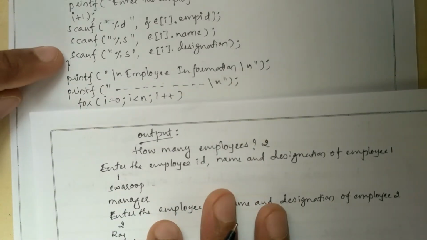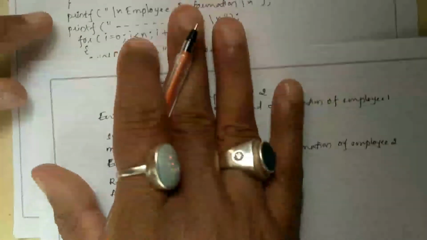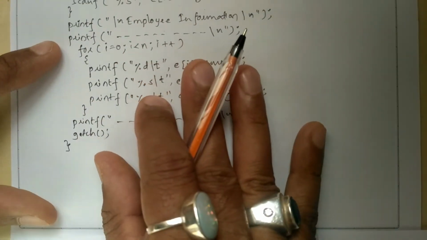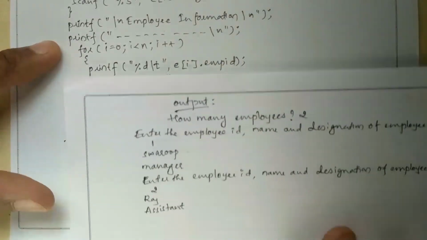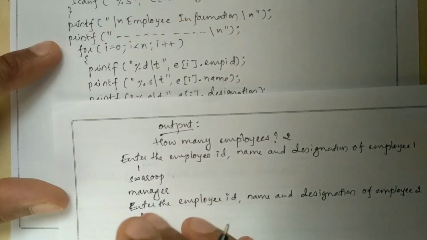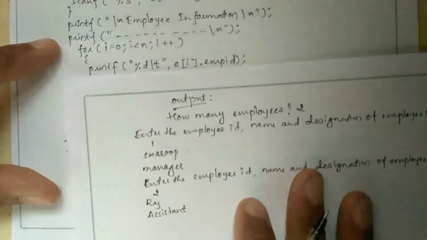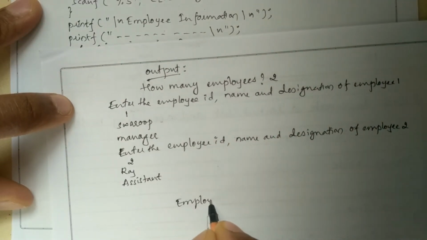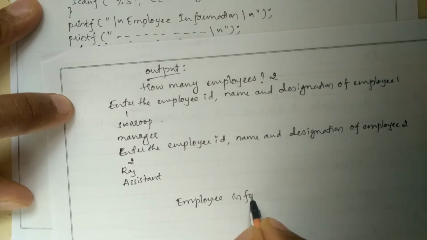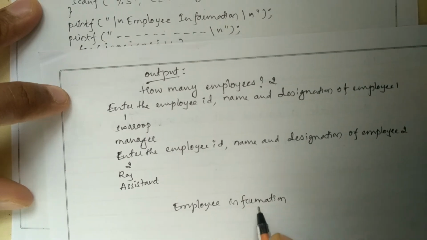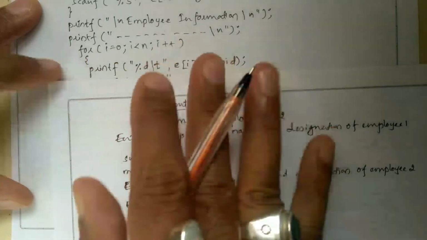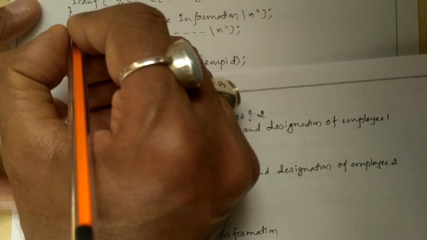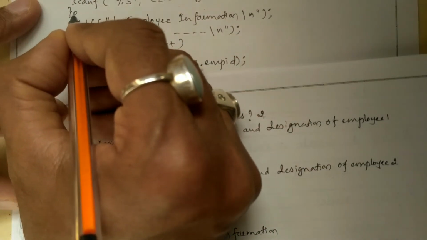So soon after entering all of these, here you can see it is printing employee information. So how is it going to print? It is going to first print employee information at the top, and before this also, if you want, you can just write printf and lines.